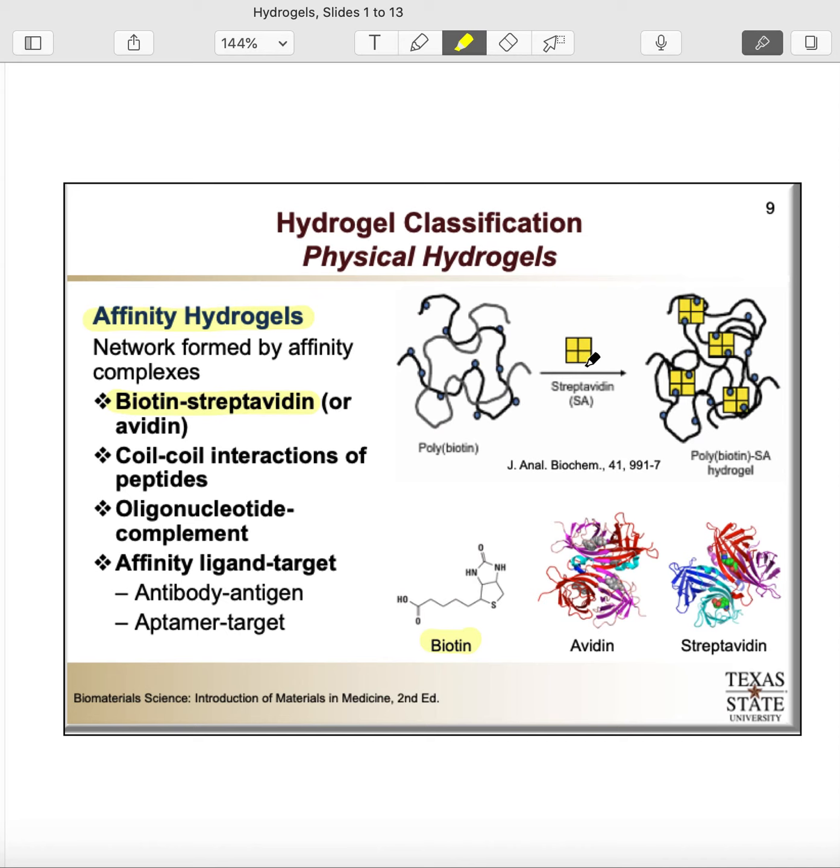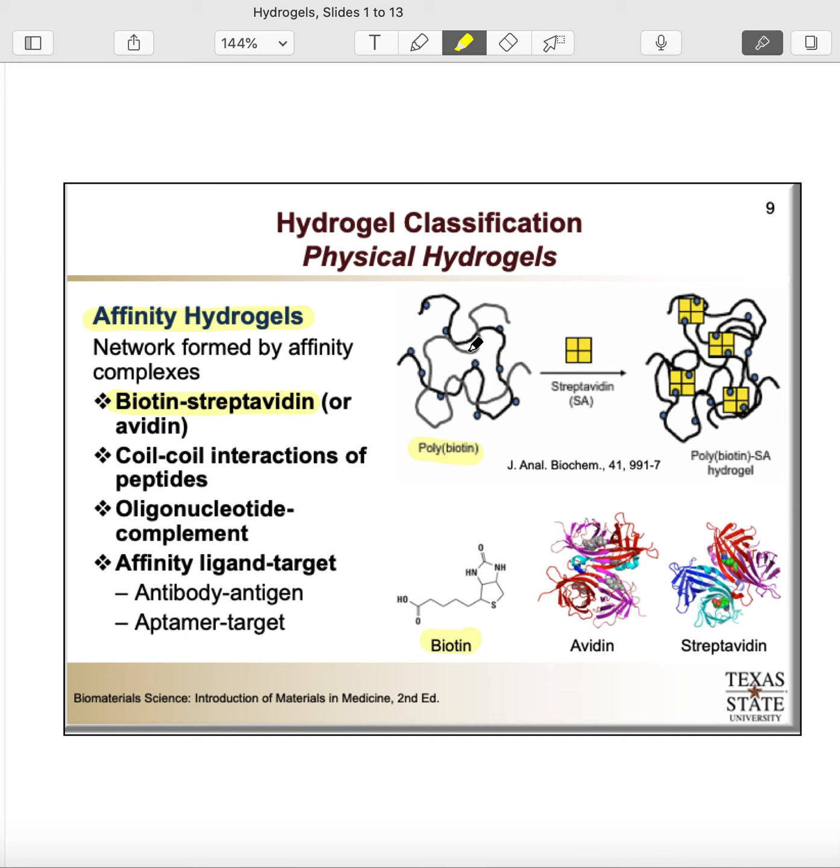That's the reason why in this particular graphic they represent streptavidin as a square with 4 different sides. Those 4 different sides can each bind one biotin molecule. So in this particular example, what they did was to start with a polymer that was a polybiotin, meaning that we have a polymer that has been decorated with biotin several places along the chain.